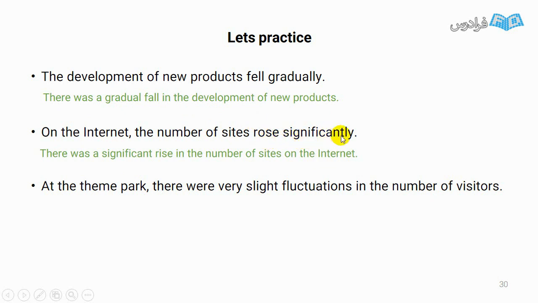Rose, verb plus adverb. There was a significant rise in the number of sites on the internet. And the last one: at the theme park, there were very slight fluctuations in the number of visitors. The number of visitors at the theme park fluctuated very slightly. Here, I use were because the noun was plural, fluctuations.